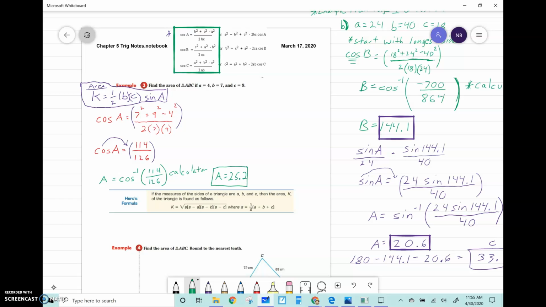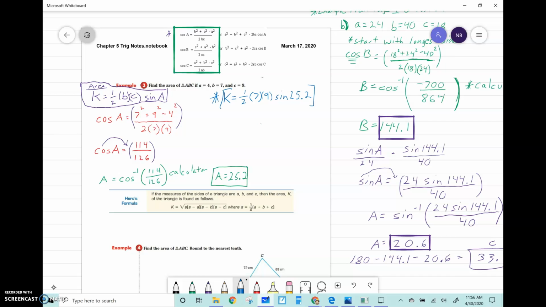Now that you have everything that you need for your area formula, we're just going to substitute everything in here. So I'm going to do that in blue. Here we go for the final step: K equals 1/2 times side B, which is 7, times side C, which is 9, times the sine of angle A, which is 25.2.